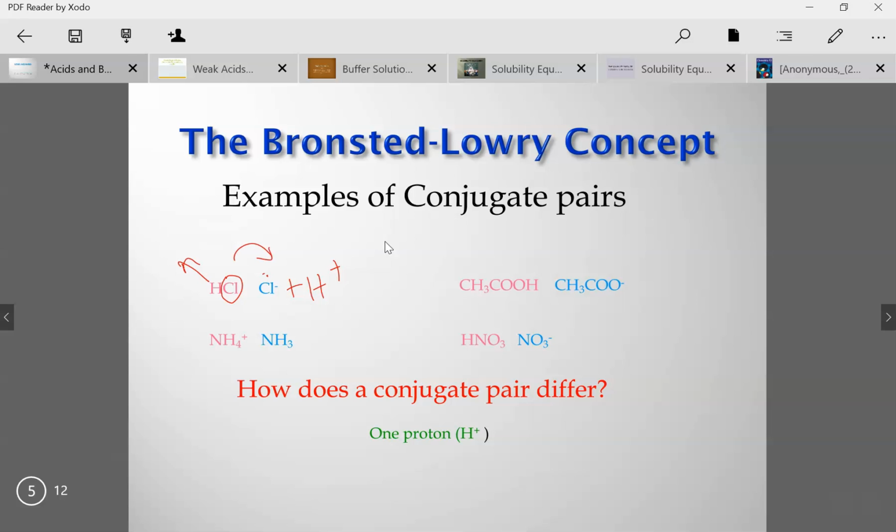And the relation between the two is just the difference of one proton. It's important to note that it is a difference of one hydrogen atom and one positive charge. So HCl is going to give you Cl minus plus H plus, right? The negative charge comes here because I have technically taken away this H plus. Same way over here, I've taken away the H plus, so the negative charge is present.